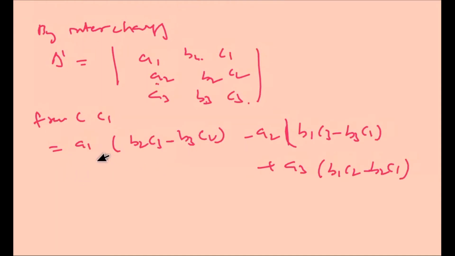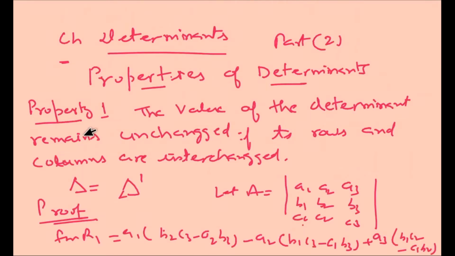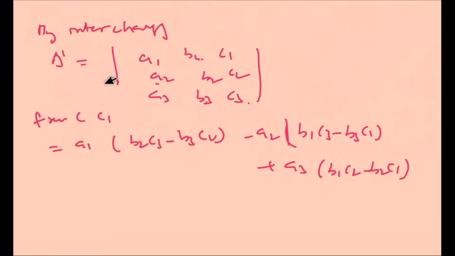Now check A1 (B2 C3 minus B3 C2). Here it is also A1 (B2 C3 minus C2 B3), right? So this way you can check. So we can say delta equal to delta transpose.